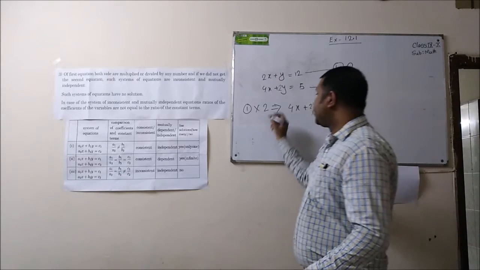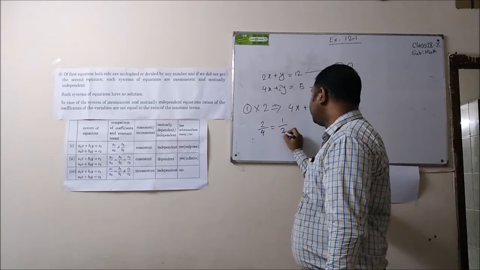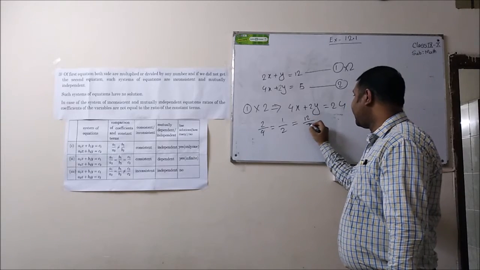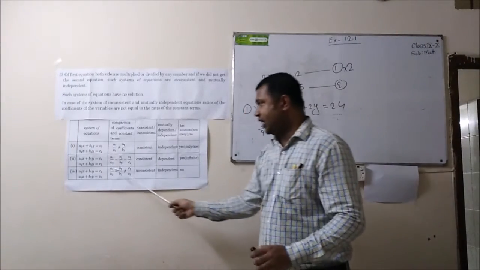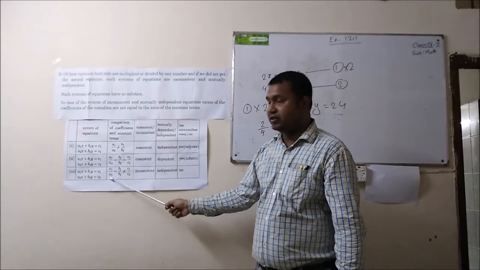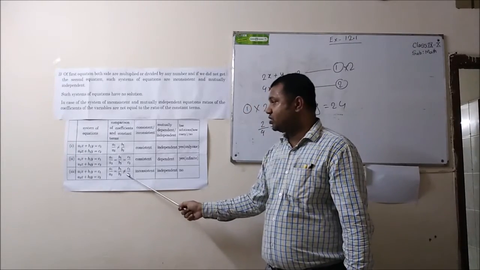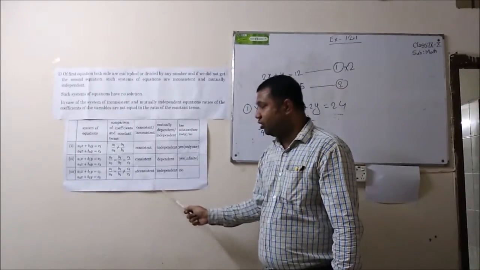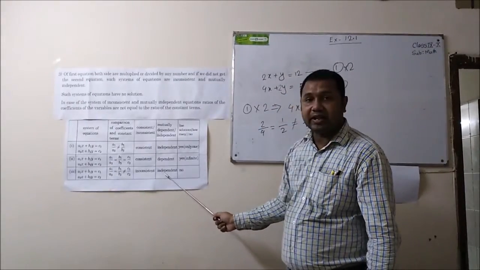So we say that 2 by 4 equals 1 by 2, their ratios are equal, but 12 by 5, that ratio is not equal. So we can conclude this way. If in a system of equations the x coefficient ratio equals the y coefficient ratio, but it is not equal to the ratio of the constant terms, we call that inconsistent, independent, and it has no solution at all.